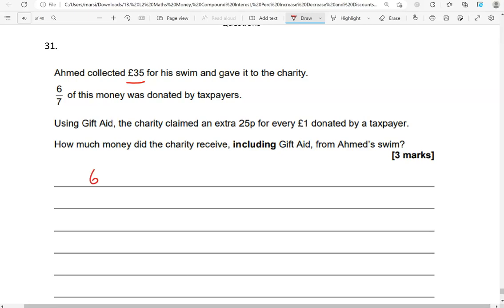So 6/7 of 35. So we'll do 35 divided by 7 times 6. 35 divided by 7 gives us 5. 5 times 6 is 30. So that is £30 that was donated by taxpayers. So using gift aid, the charity claimed an extra 25p for every £1 donated.